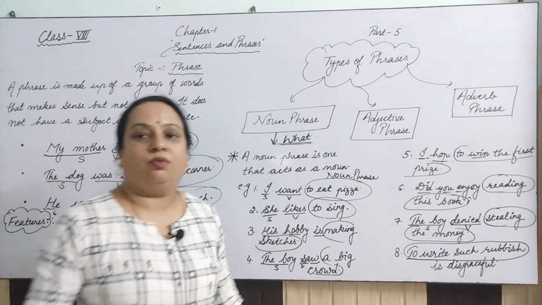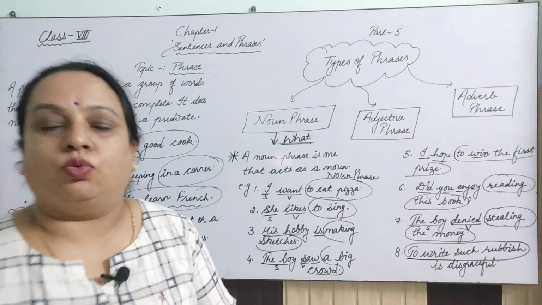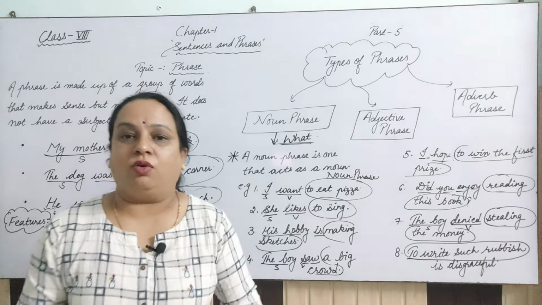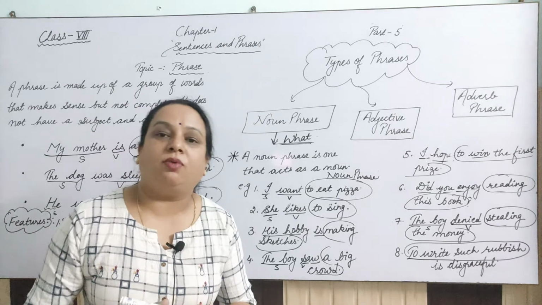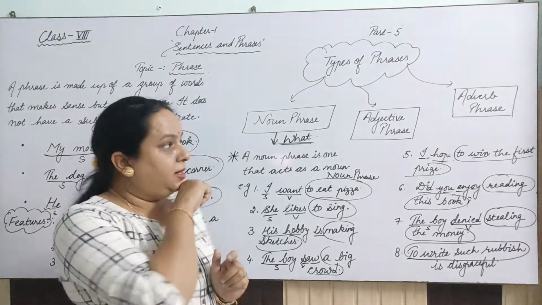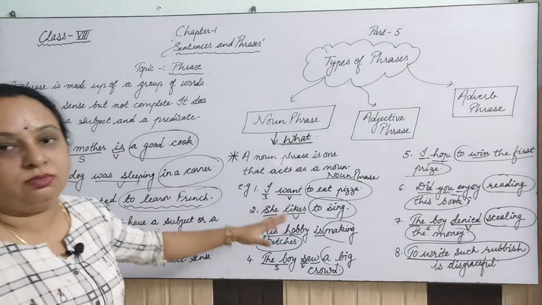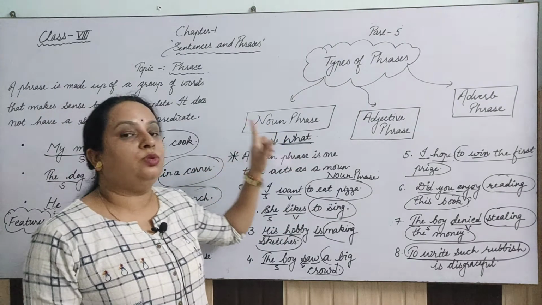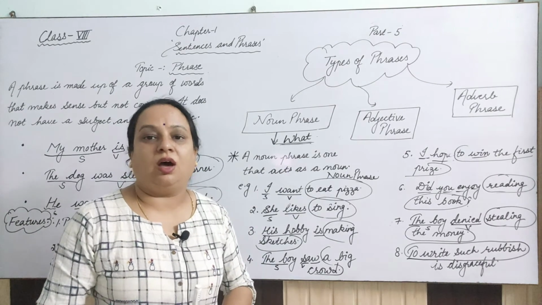So what we have learned here today is how to get the noun phrase. We have learned about the phrase. The phrase is a group of words which does not have a complete meaning, right? Next we have learned about the types of phrases, where we learned how to identify the noun phrases.